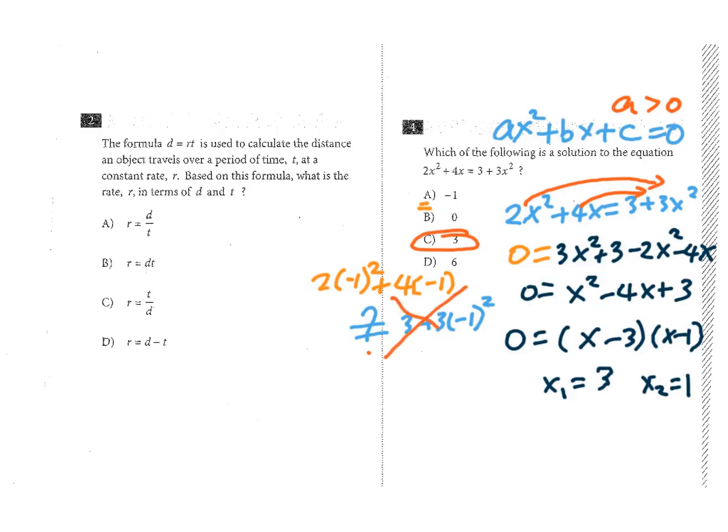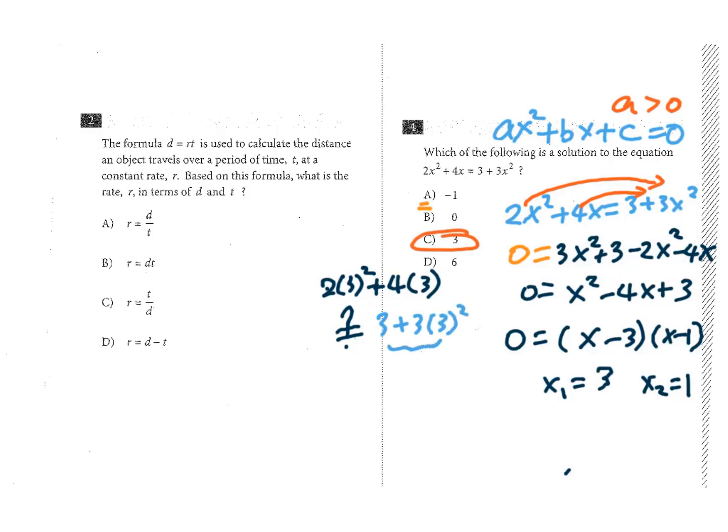Then you check C this time. When you check C, you get 2 times 3 squared plus 4 times 3. Then we want to check, is it equal to 3 plus 3 times 3 squared? This part we got 30, and this one we also got 30. So this is true. That's why C is the solution.